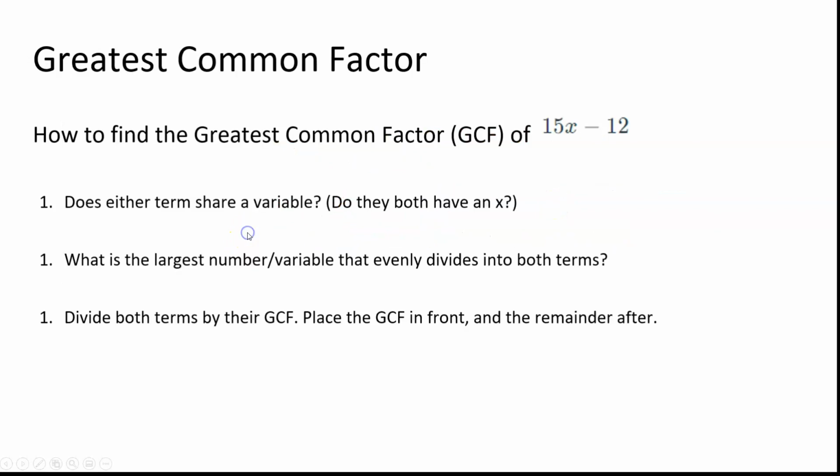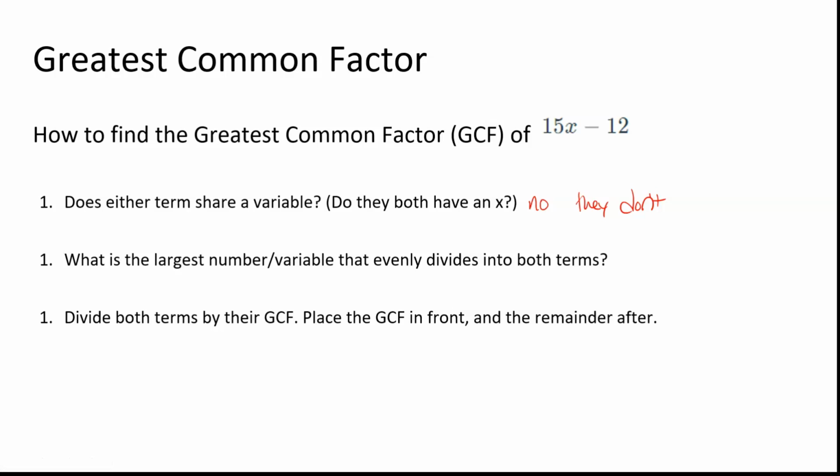Okay? So let's look at this in an example format. We're going to take our greatest common factor from 15x minus 12 here. So the question is, does either term share a variable, such as an x? Well, 15x is our first term, and negative 12 is our second term. Neither of these share an x, so no, they do not. And then it asks us, what is the largest number or variable that evenly divides into both terms?